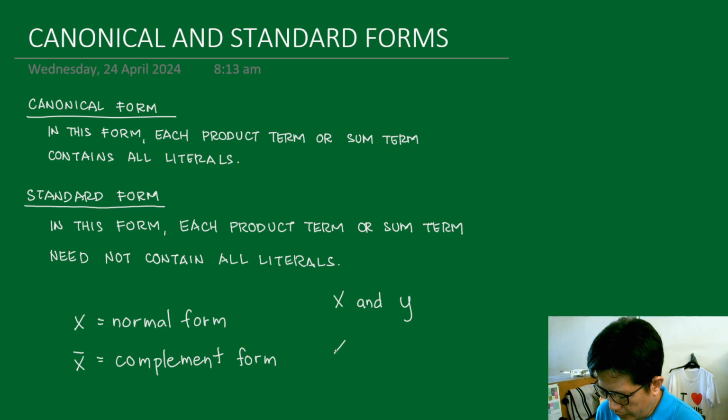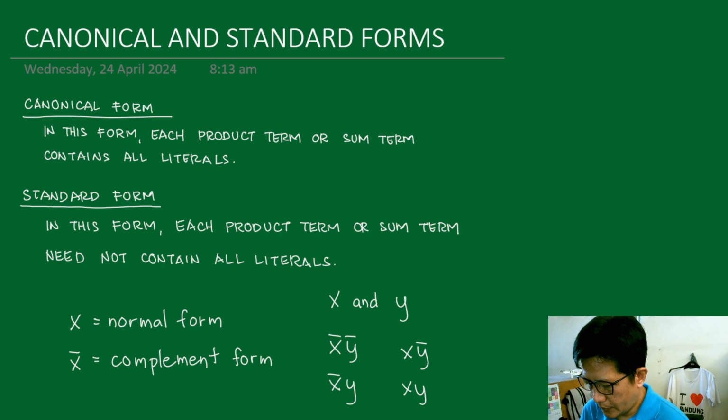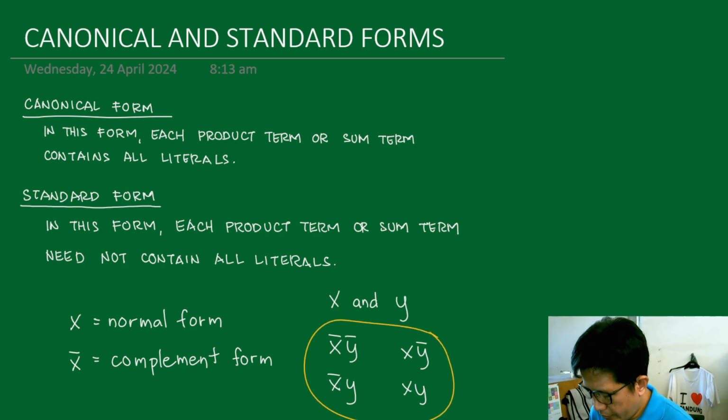They are x prime y prime, x prime y, x y prime, and x y. Each of these four AND terms is called a min term or standard product.